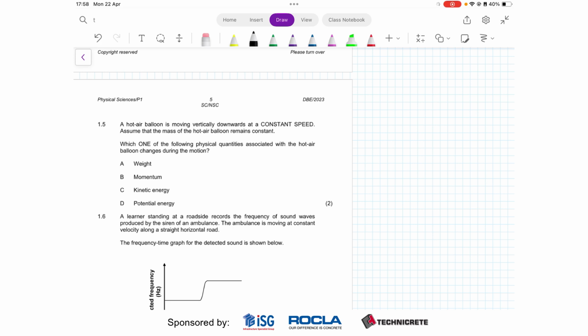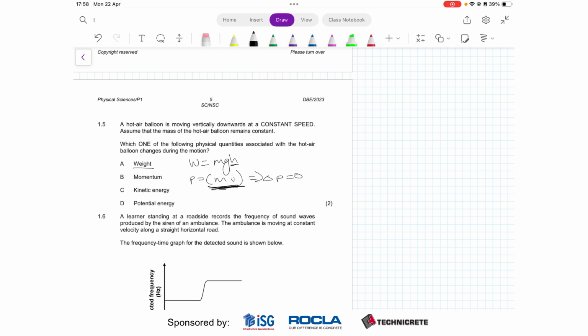Now, you might be tempted to say it is the weight because the weight is dependent on the height. Well, if you want to say it's the momentum, it can't be the momentum because the velocity and the speed remain the same, so there is no change in momentum.